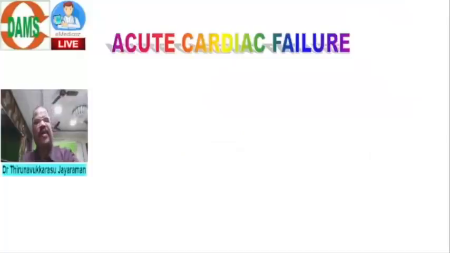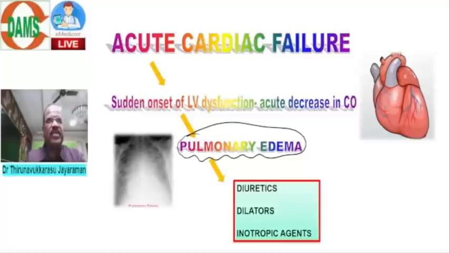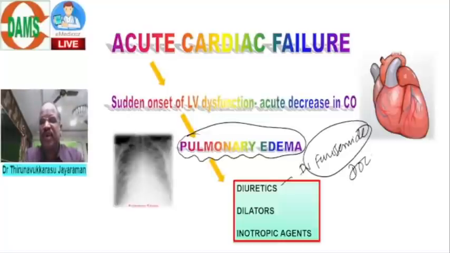So for treatment of pulmonary edema, acute heart failure, the therapy will be 3Ds, diuretic, for example intravenous furosemide. A very fantastic drug. This is a drug of choice for rapid symptom relief.